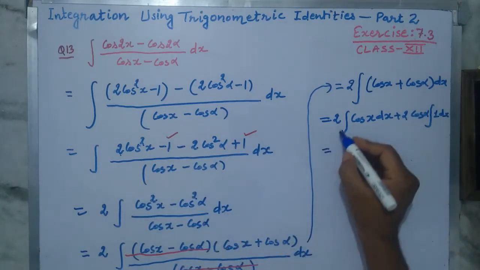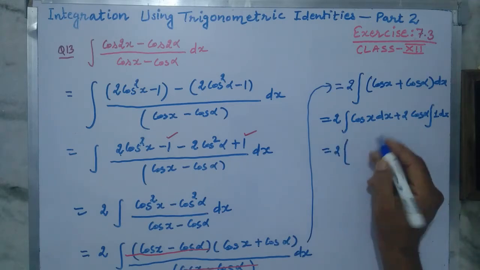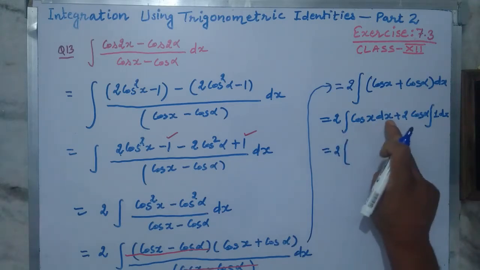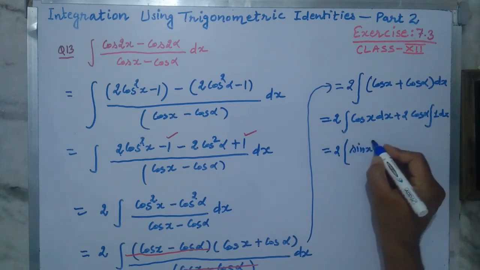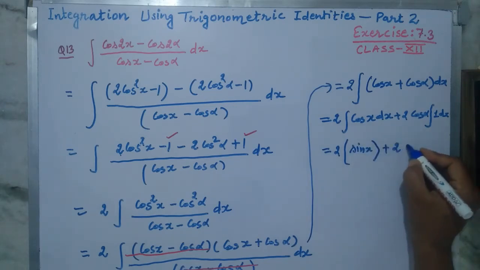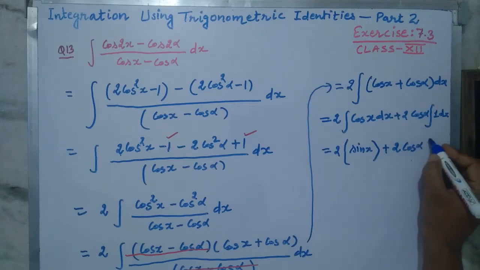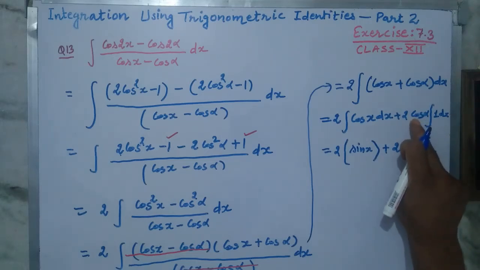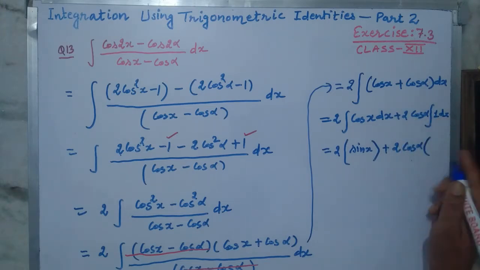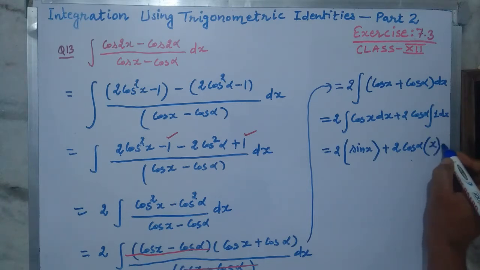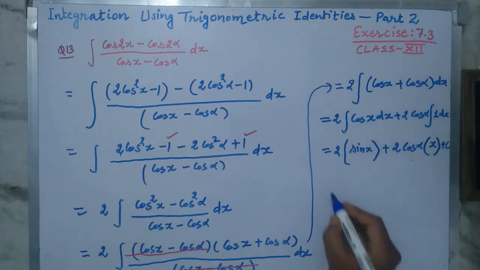So the answer is 2 into integration of cos x with respect to x, which is sin x, plus 2 cos alpha. This cos alpha is constant. Once again I am reminding you, we are left with only 1, and integration of 1 is x plus c, the constant of integration.